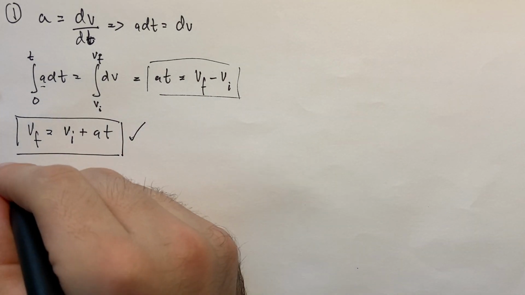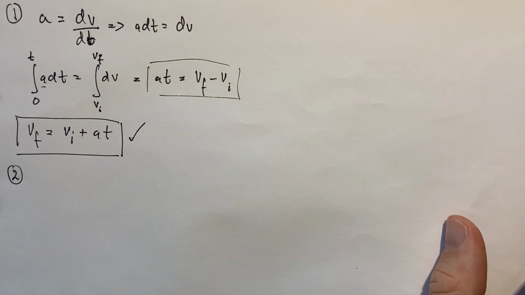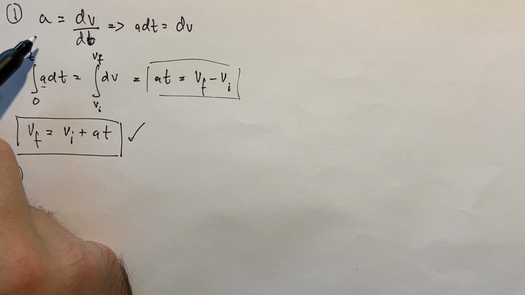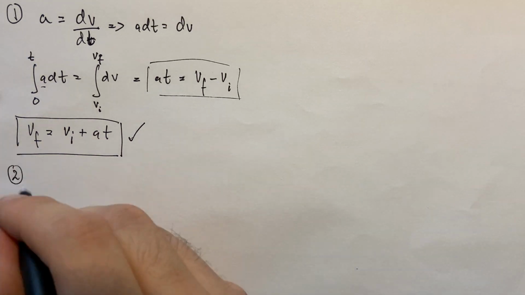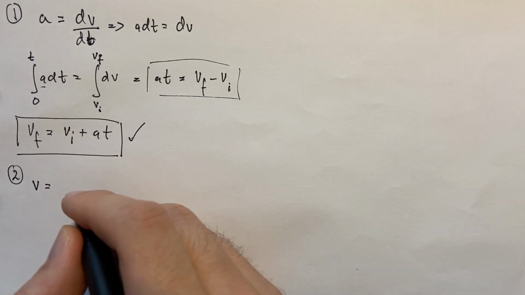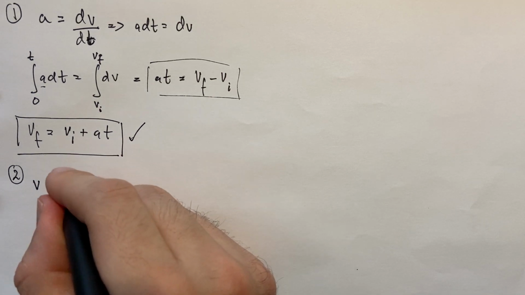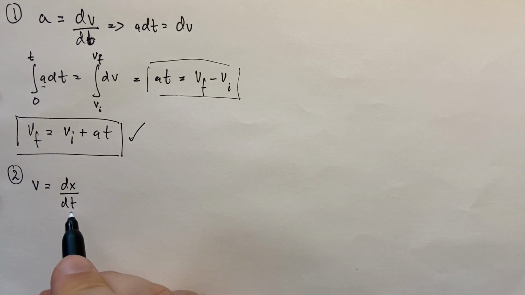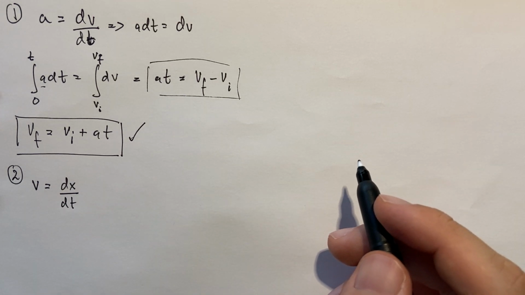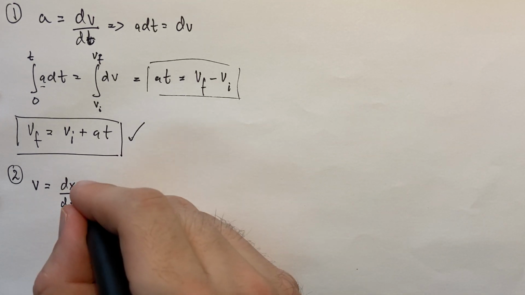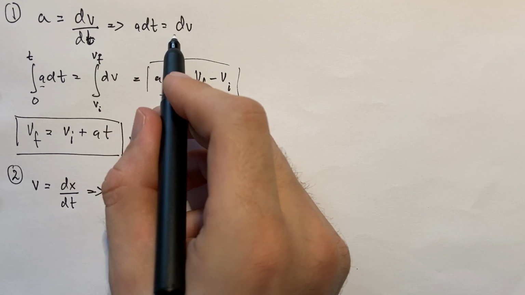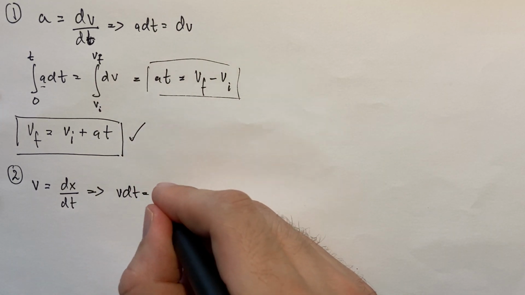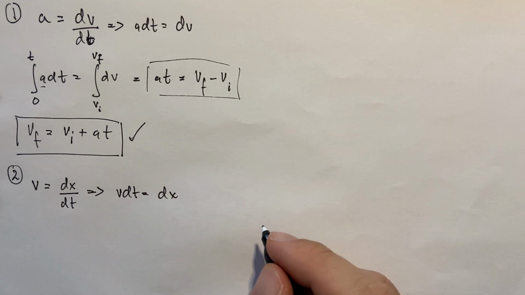Now let's move on to the second equation of motion. Second equation of motion, about the same principle. We start off with the definition of velocity. Definition of velocity is the change in distance over the change in time, or the time derivative of distance, if you so like, which gives us, just as up here, v dt equals dx.